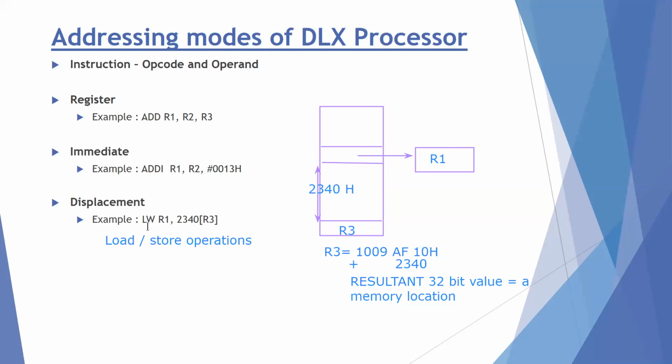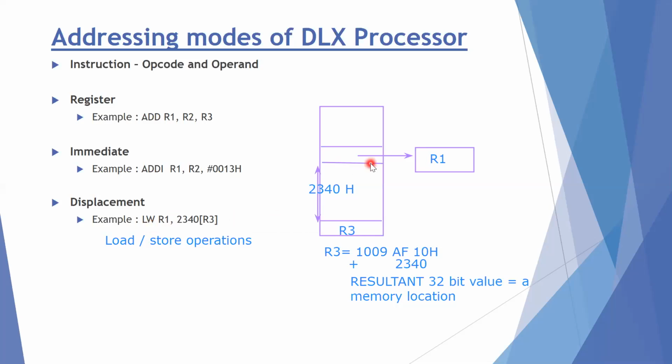But this operation of load word identifies how many locations of memory you have to pick up for loading R1. Now you will tell me how many memory locations will be accessed for this instruction.